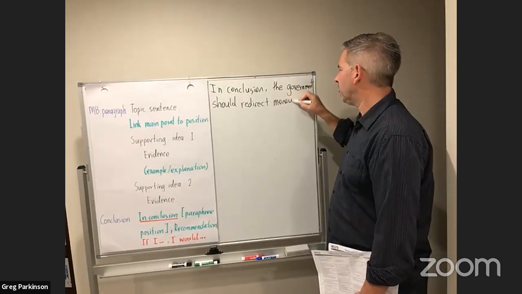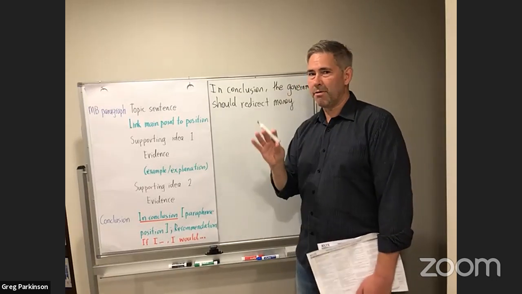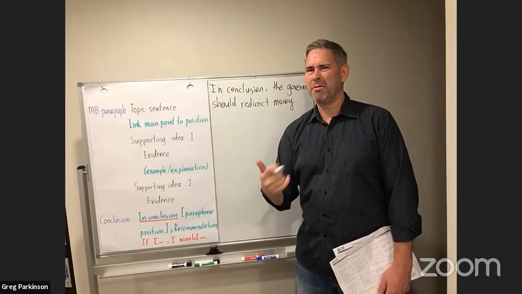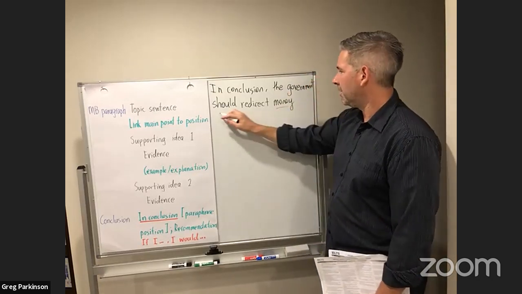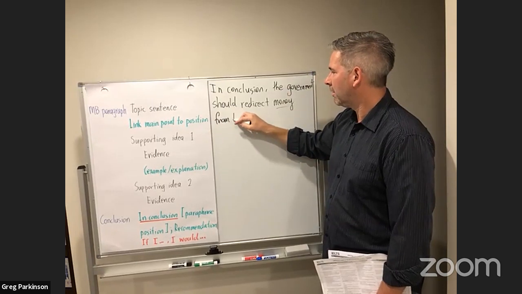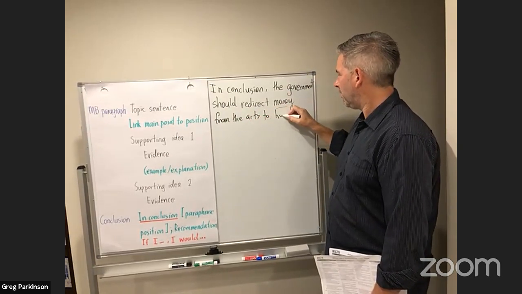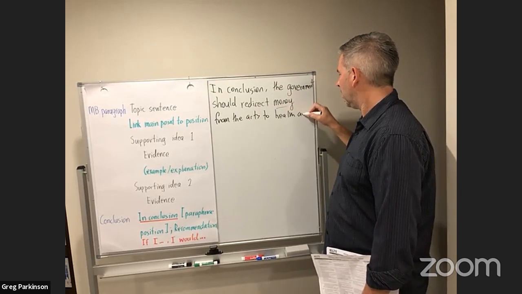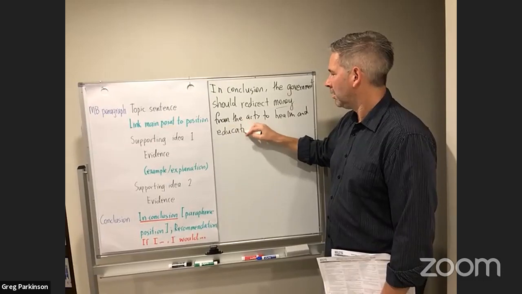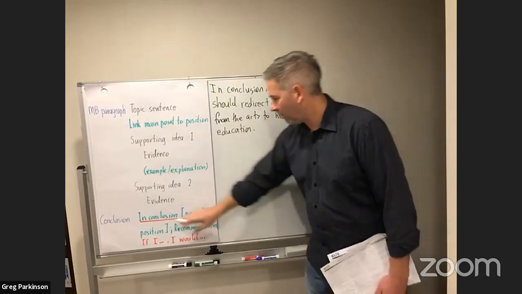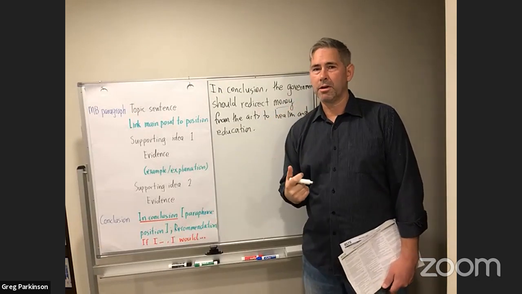I think a general rule is you try to use the words which you're given in the statement from the examiner once. Let's just go with money here. Should redirect money from the arts to health and education. So this is just a really simple way of writing a conclusion.